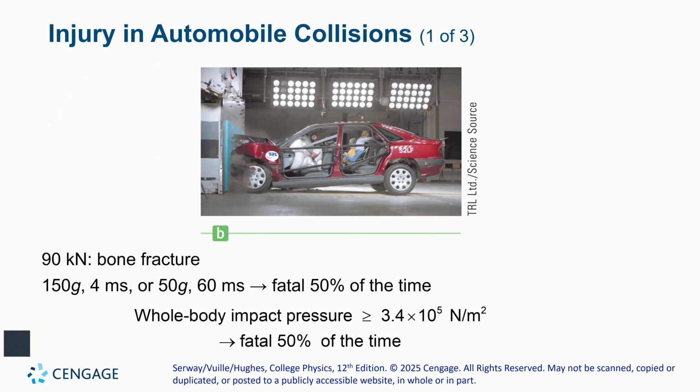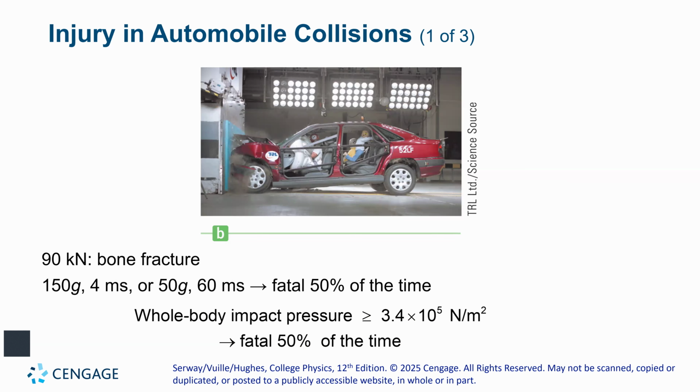Here's another example of how impulse can be used. In collision tests or crash tests, 90 kilonewtons can cause a bone fracture, and acceleration up to 150 gravity accelerations within 4 milliseconds, or 50 times the gravity acceleration over 60 milliseconds, will cause a fatal outcome about 50% of the time.